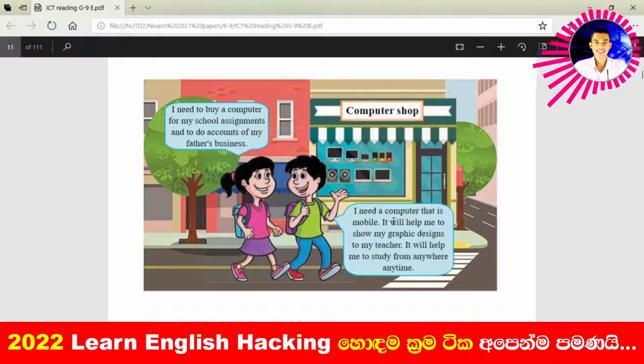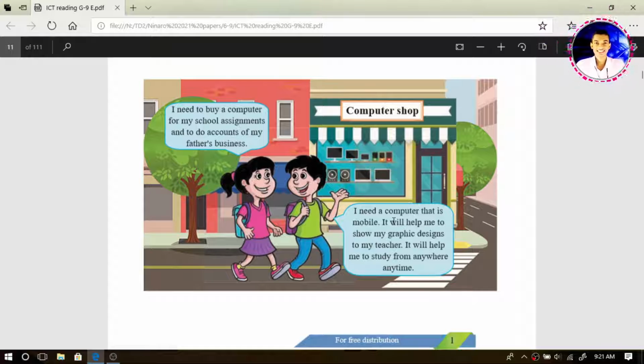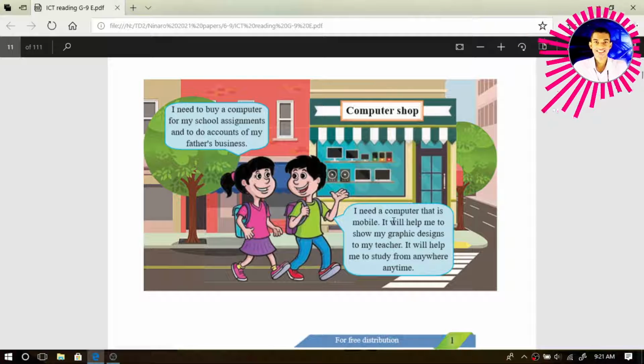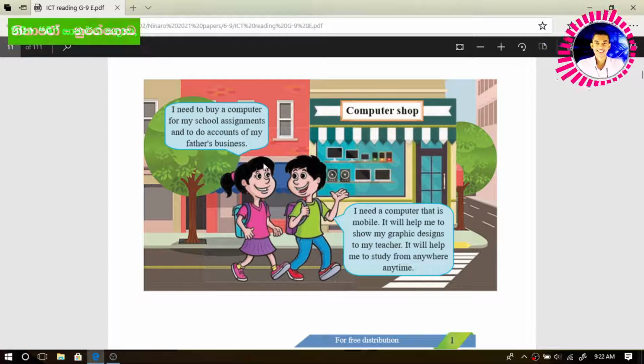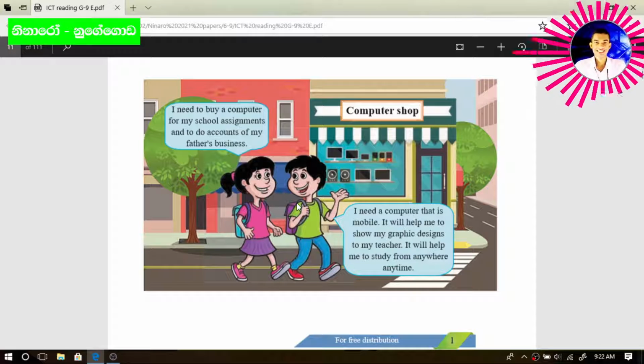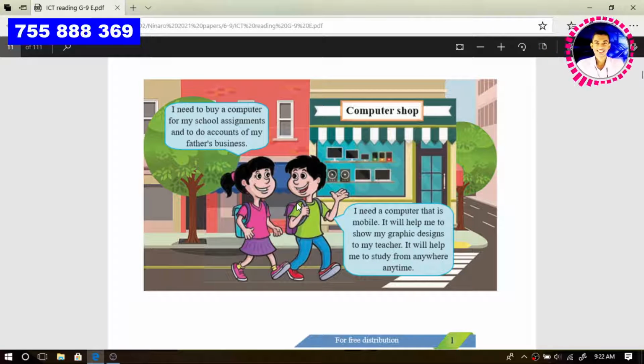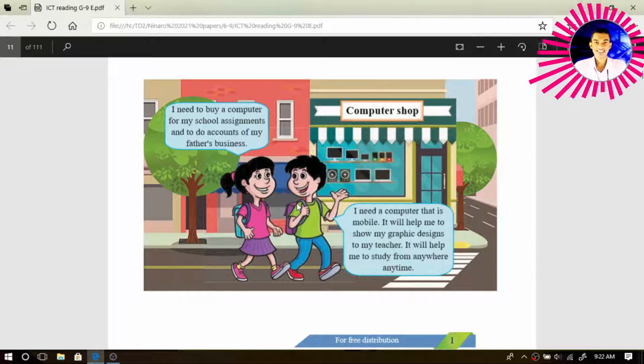As an example, he can work from home, and if he travels somewhere, for instance to a relative's house at the weekend, he can work from that place also. Therefore, the specification can be different according to our requirement.